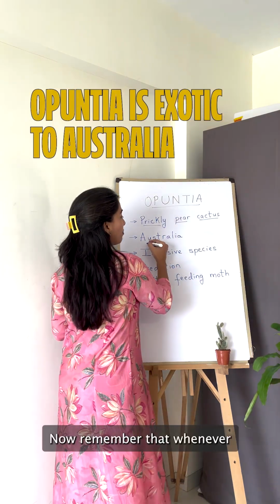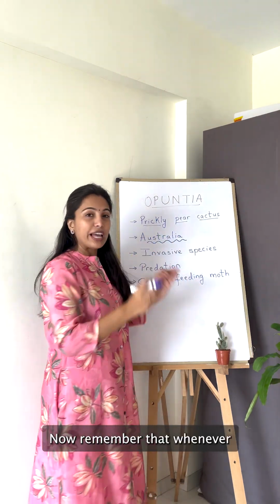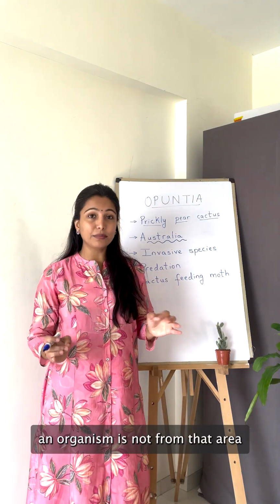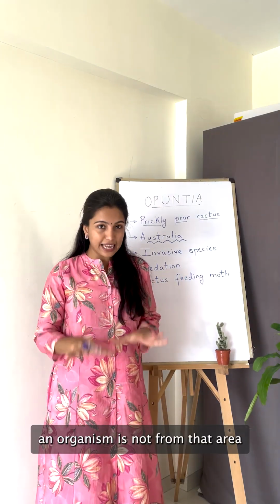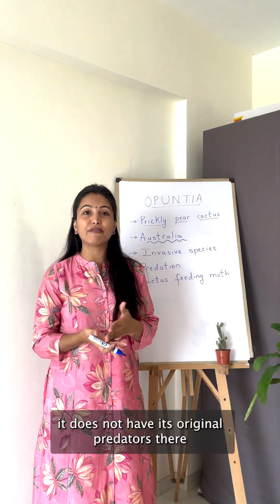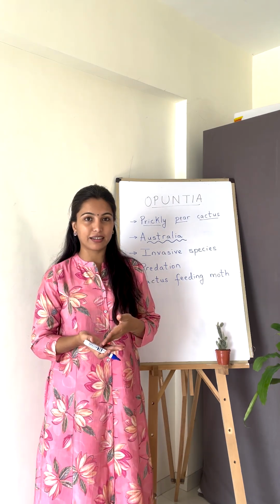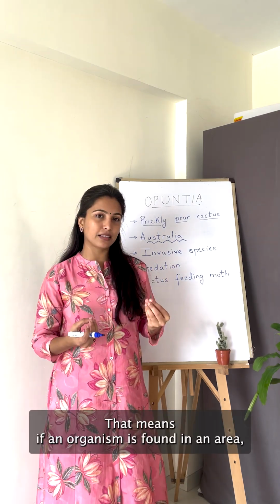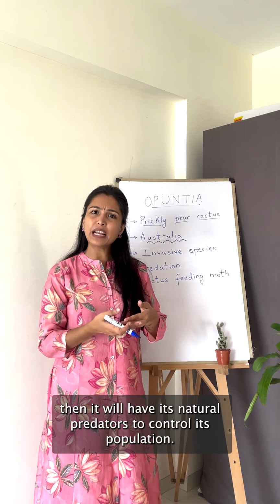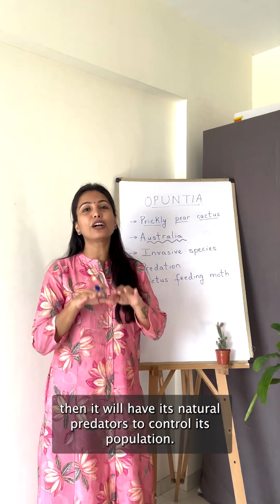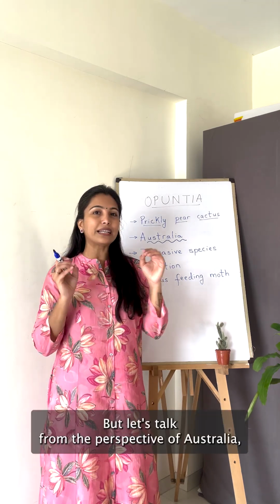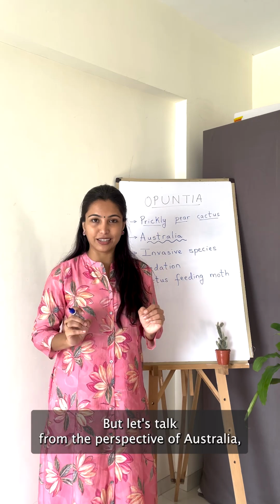Yes. Now remember that whenever an organism is not from that area, it does not have its original predators there. That means if an organism is found in an area, then it will have its natural predators to control its population. But let's talk from the perspective of Australia.